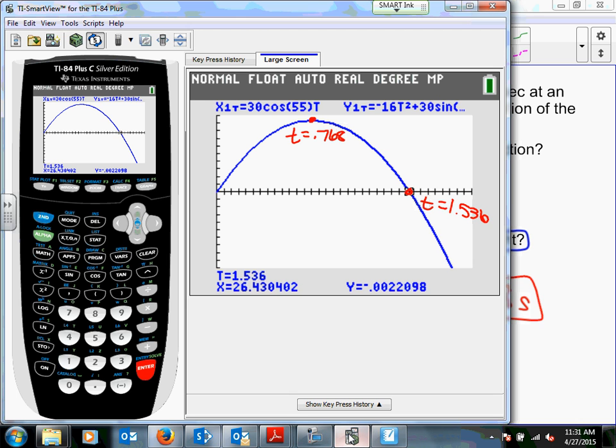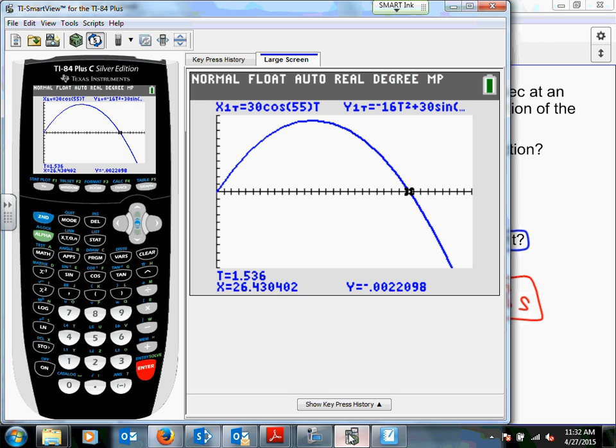So since we began at 0 and ended at 0, then our vertex will be exactly halfway through. So if you know the total time, you can cut that in half. However, please be careful. If we begin at, say, a height of 3 and end at a height of 0, is our graph going to be symmetric about those 2 points? No, and so that would not work in that case.